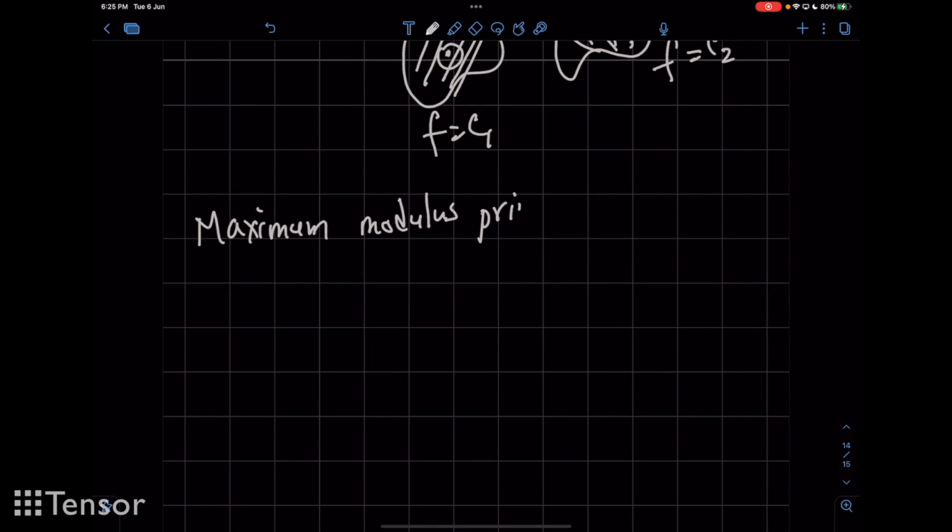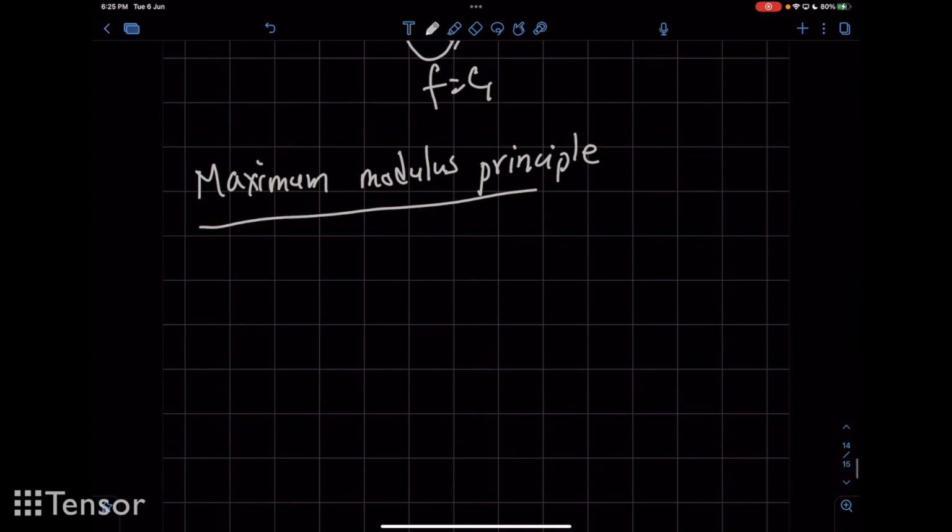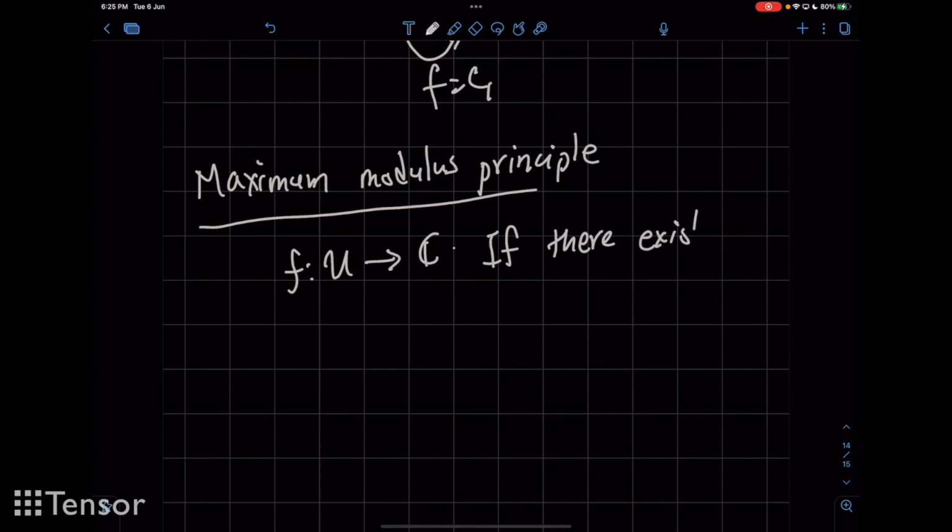What this principle is saying is, let's say I have a holomorphic function from U to C. Then if there exists some z naught in U such that the modulus of f at z naught is maximum.